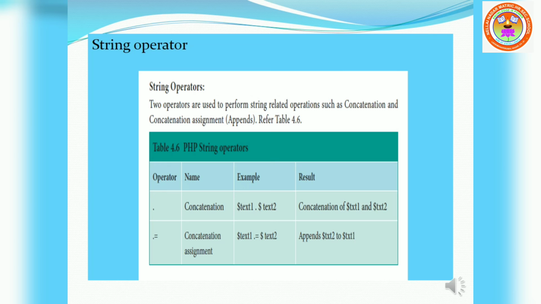So $text2 will be appended to $text1. So there are two string operators. One is to add two strings. Another one is when one string is already available, one more string will be appended to it. Appending means joining one string with an already available string.